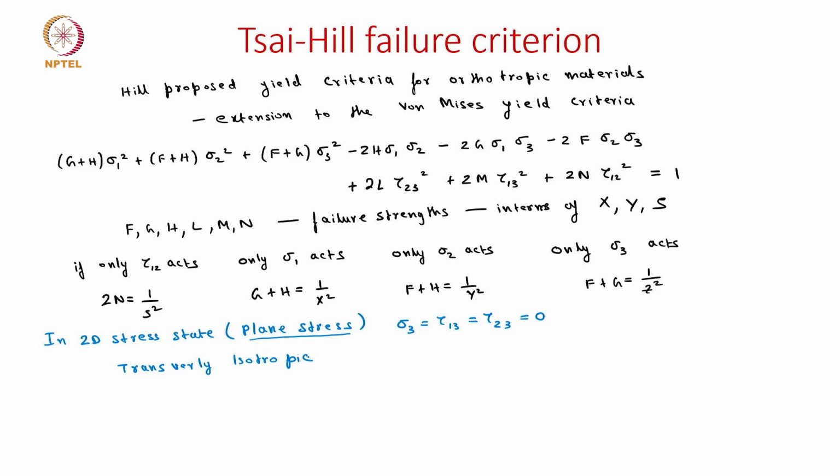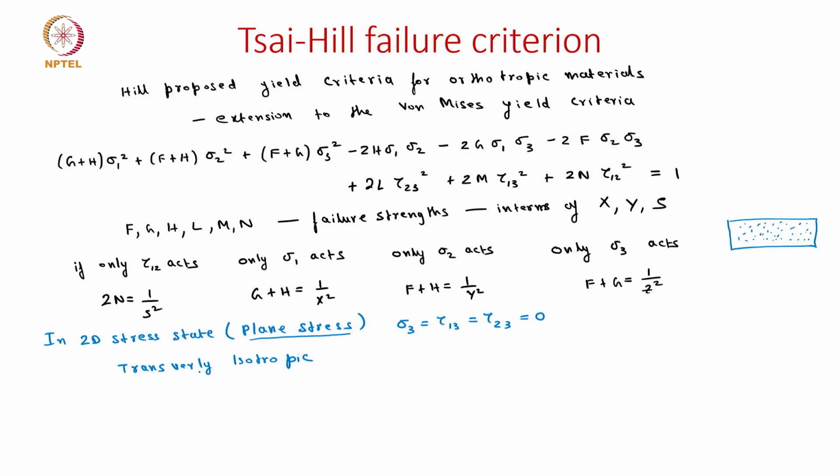We can assume transversely isotropic in composites because earlier we have seen, if we look at a cross section of a lamina, we see that there are several fibers. If this distribution of the fibers is random, then we said there is isotropy in this plane, meaning in any direction the properties are the same.